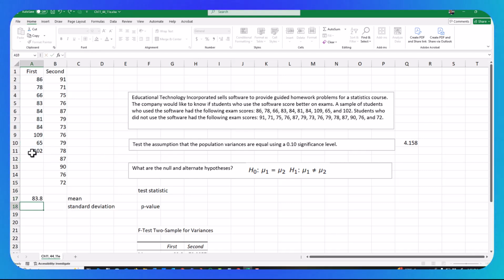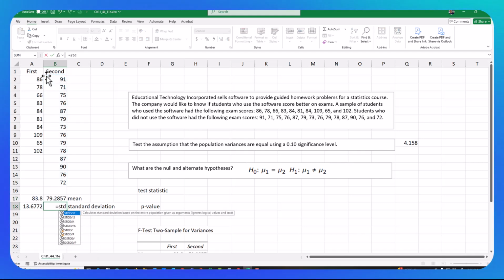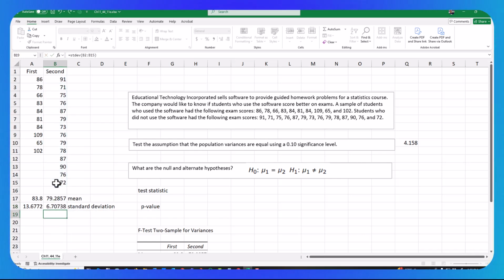How do you find the standard deviation? STDEV, highlight your values. Do the same for this one: equals average, highlight your values, and then equals STDEV, my standard deviation, and highlight my values.